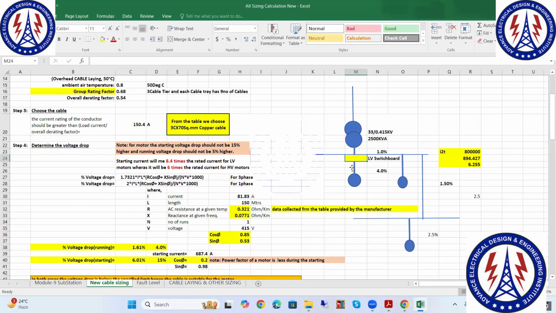So there are two cables. This cable will be sized on a different voltage drop, and this on a different voltage drop. Suppose you allow a 1% drop from transformer to the panel. As the total drop is 5%, from panel to the motor it will be only 4%. So overall should be 5%. Up to the motor, the limitation is 5% only.